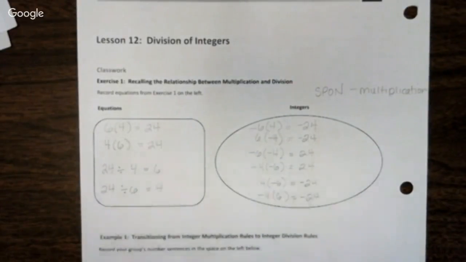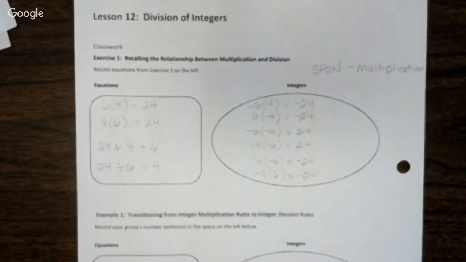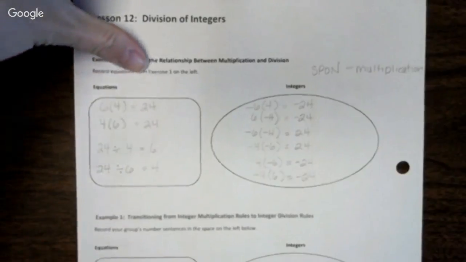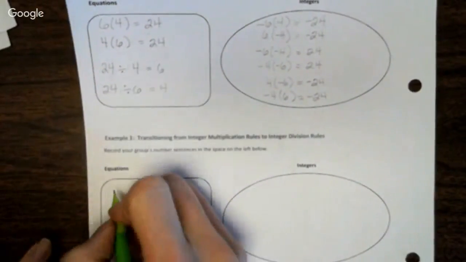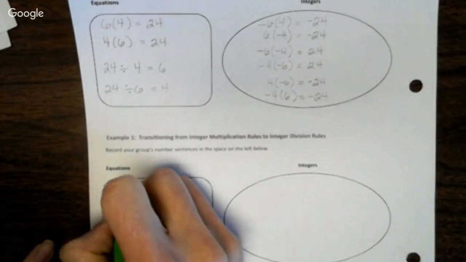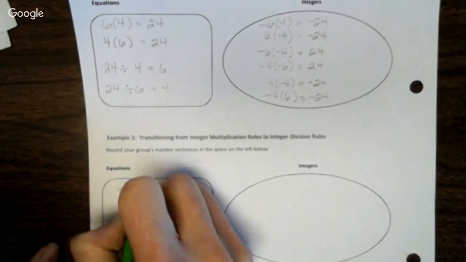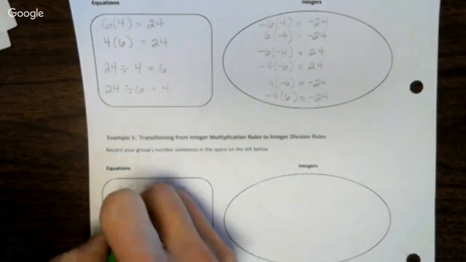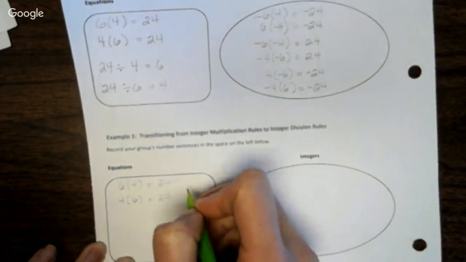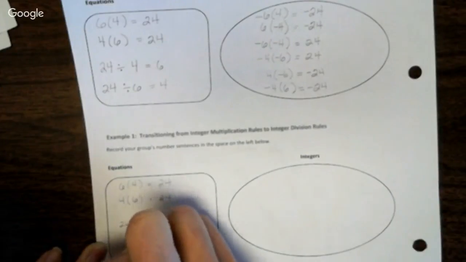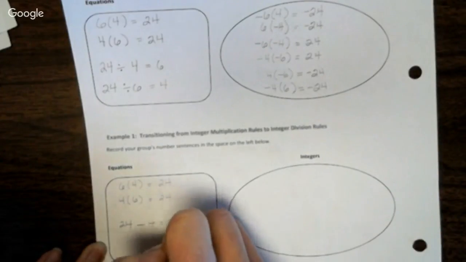Alright, so let's go into our next example and start relating this to division. Okay, let's go back to the same equations that we had up in example 1. Let's do that again. So 6 times 4 we know is 24. 4 times 6 is 24. 24 divided by 4 is 6.